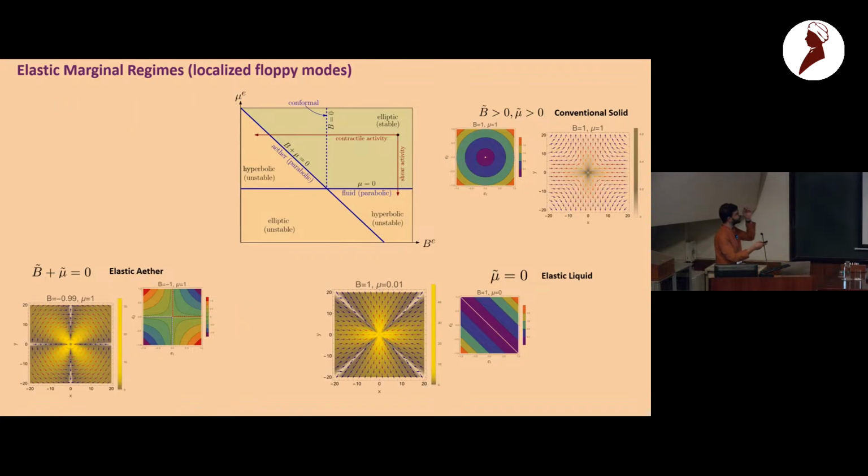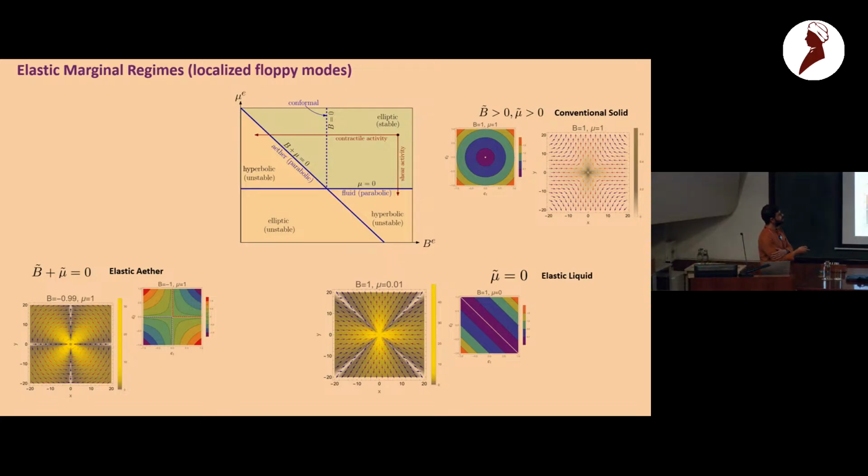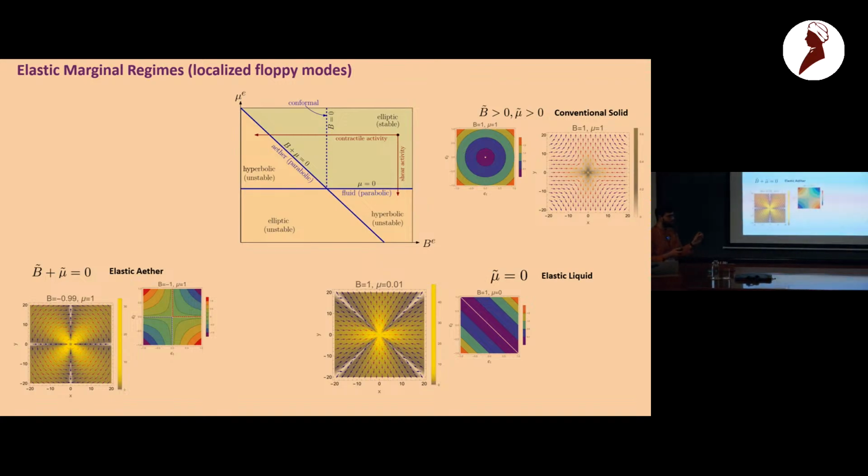When you plot the Green's function for elasticity, Green's functions are solutions to point forces. Here we are applying certain point force systems, and when you are in this regime, it's a smooth Green's function.